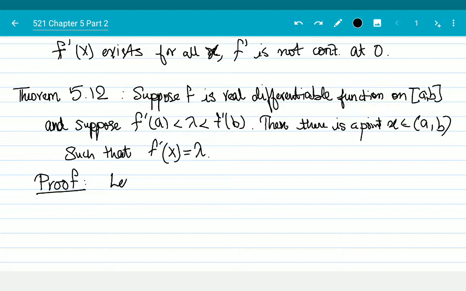So let g of t be equal to f of t minus lambda times t. Okay. Basically, then I want to show that at some point g prime of x is equal to 0. Okay. Well, what happens at a?